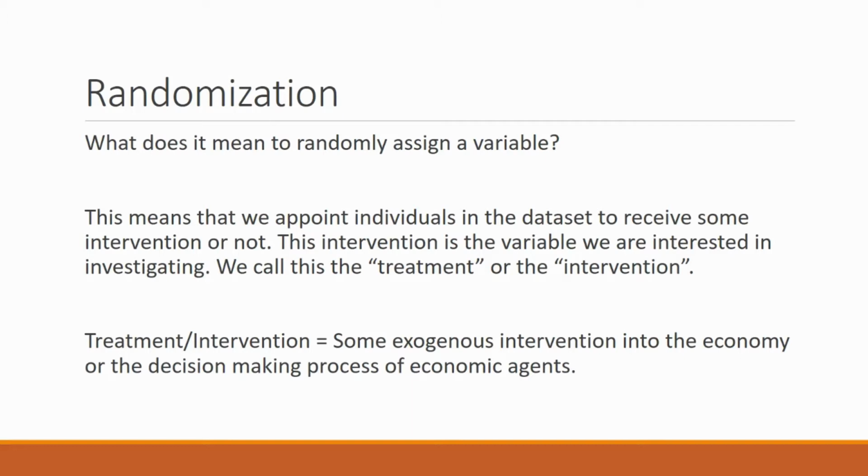But now let's make this even more clear. What does it mean to randomly assign a variable? This means that we appoint individuals in the data set to receive some intervention or not. This intervention is the variable that we are interested in investigating. We typically call this the treatment or the intervention. The treatment is some exogenous intervention into the economy or the decision-making process of economic agents.